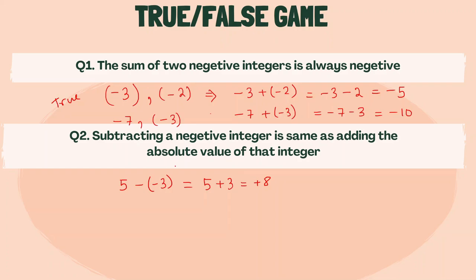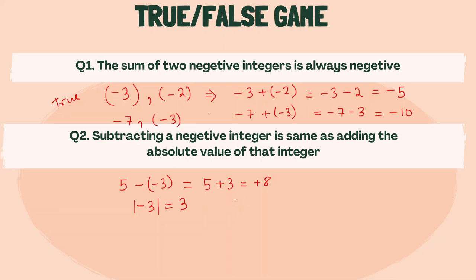So what is it saying? It is saying that it is same as adding the absolute value of that integer. So we are taking minus 3 and finding the absolute value of the integer, that is not plus 3, it is 3 without any sign.